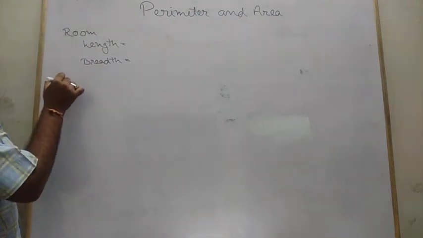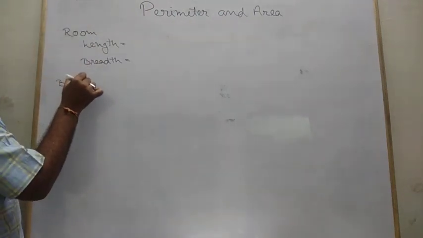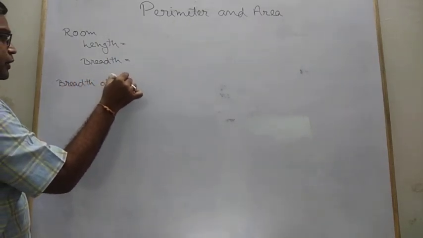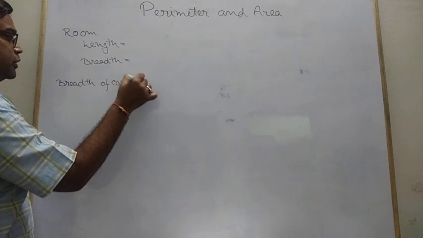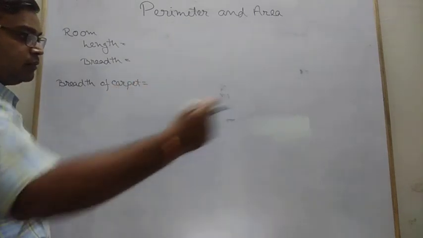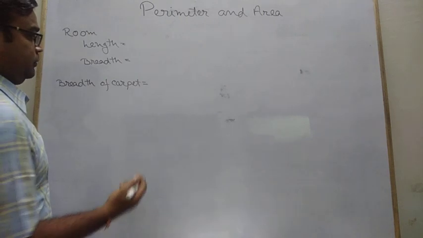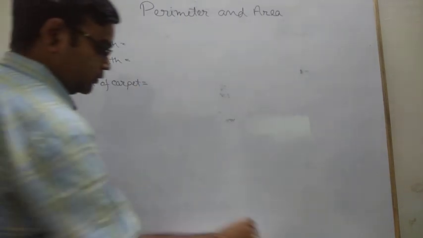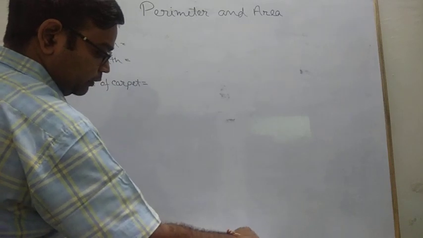Breadth of carpet. Whenever you purchase anything like cloth, breadth is fixed. You have to find it, it is just simply measurement. Take the measurement of the length only. So breadth of carpet is given to you.